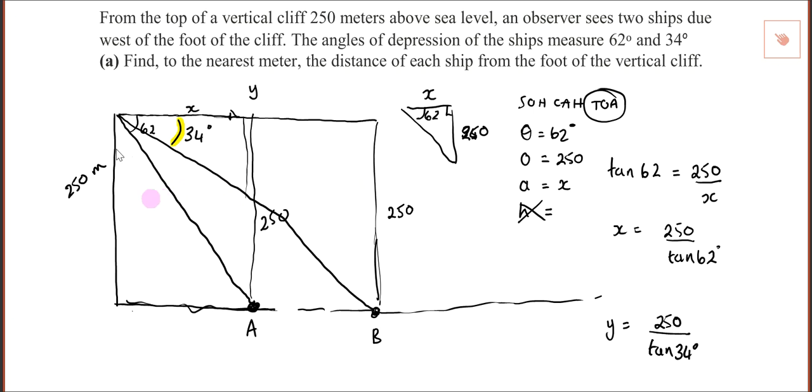You put them here, didn't you? And then the problem with that is that the 250 is not the opposite side, it's the adjacent side. So you put it in the wrong place. So this formula here, I think, would be the wrong way up.